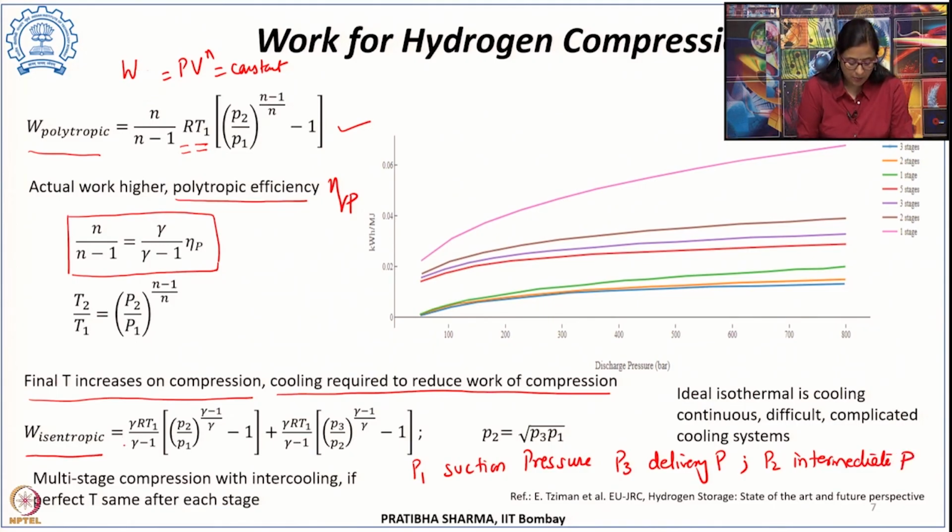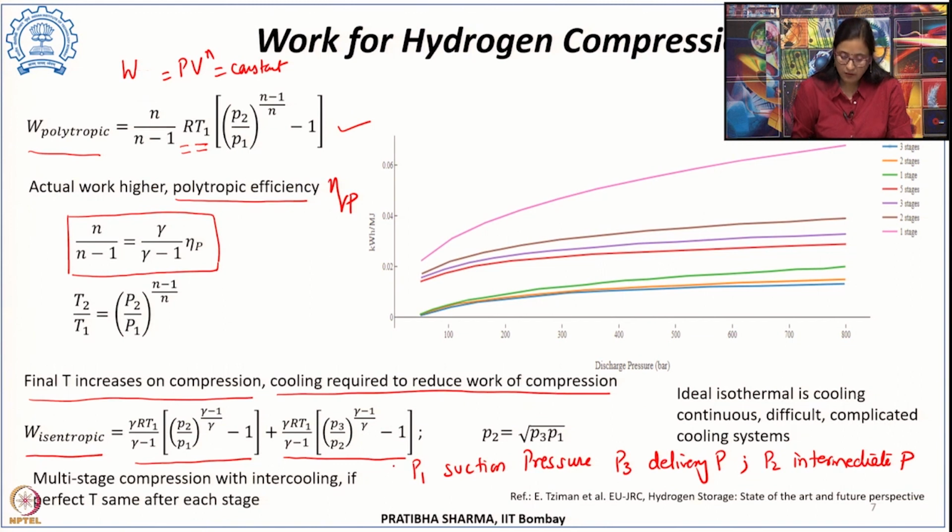The isoentropic work of compression is given by gamma RT1 upon gamma minus 1 times the pressure ratio (P2 upon P1) to the power gamma minus 1 upon gamma, minus 1, corresponding to the first stage, plus gamma RT1, since the temperature remains constant after the first stage compression, upon gamma minus 1 times (P3 upon P2) to the power gamma minus 1 upon gamma, minus 1.